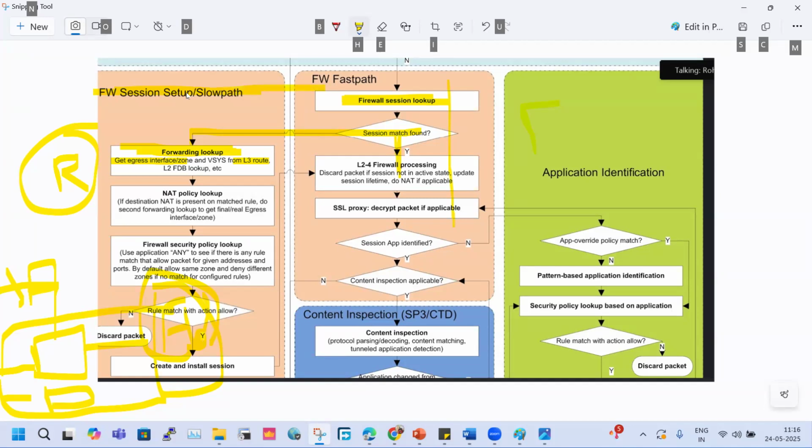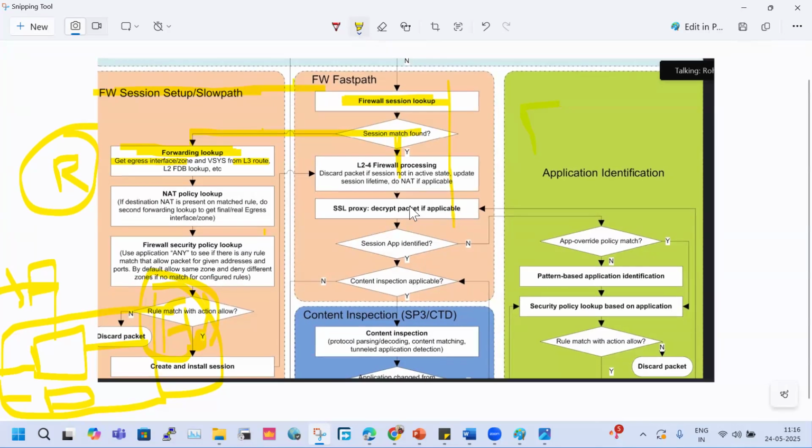The firewall will check whether the session is existing or not in its session table. Is there any information stored for the session? Yes, the firewall stores the information in its session table, because it's a stateful firewall, as we stated in the beginning.